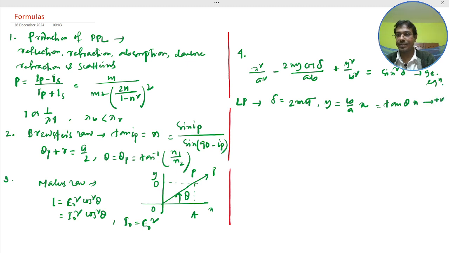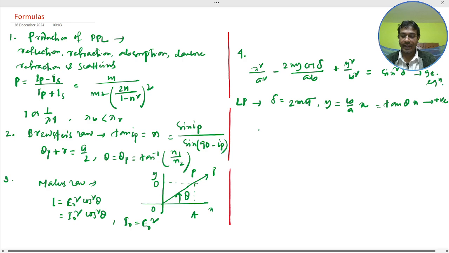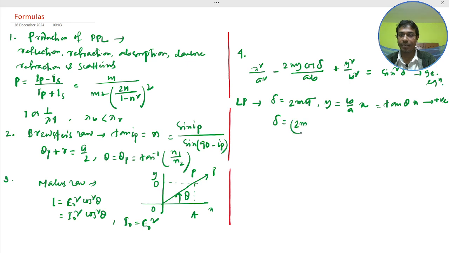This would be positive. For delta an odd multiple of pi, (2m plus 1) pi, y would be minus tan theta x. This becomes negative theta. This is for linear polarized.